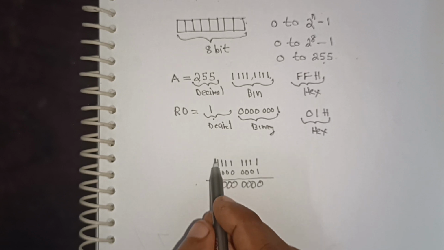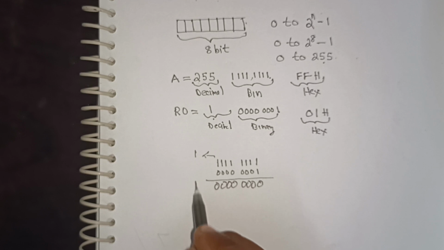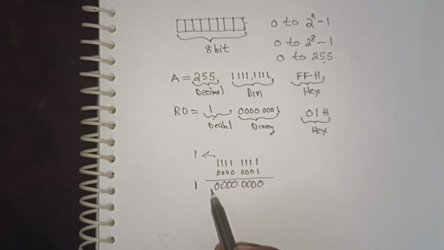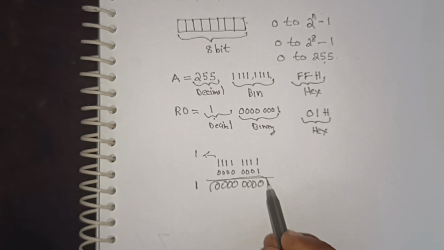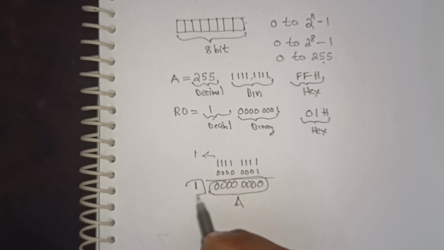There is a carry from this bit, which is 1, and this carry cannot be stored in the accumulator, right? This is already 8-bit and is stored in the accumulator, and this 1 is stored in our carry flag.